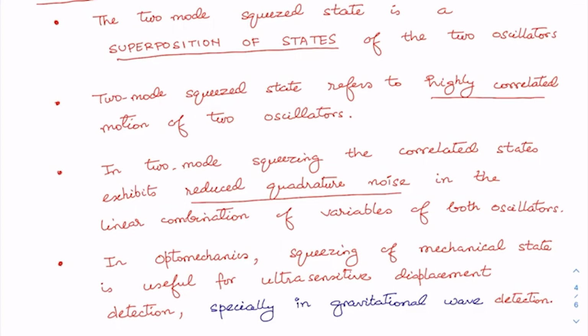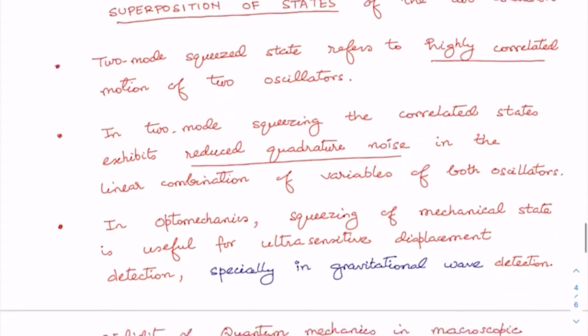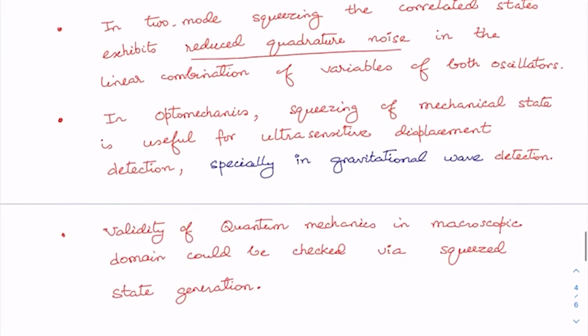The other noise has to be very low, so that we can get the influence of the gravitational wave, and in this case squeezed states are particularly useful. And also, if we want to study the validity of quantum mechanics in the macroscopic domain, then generating squeezed states is useful and helpful.